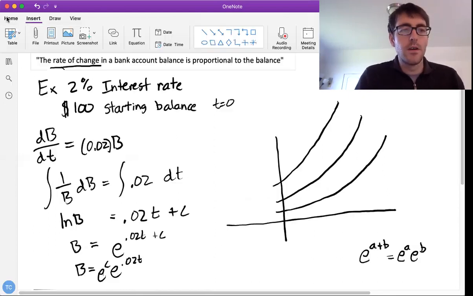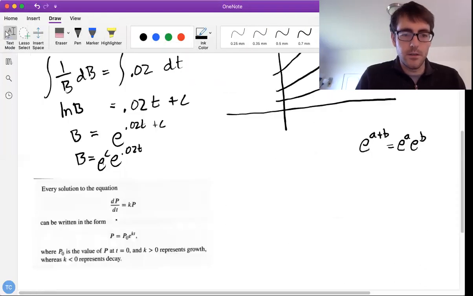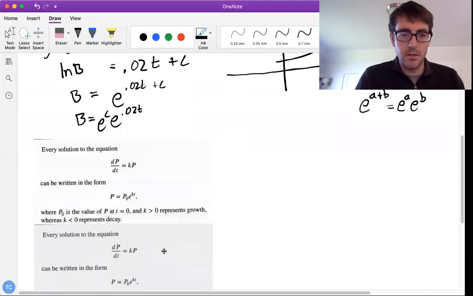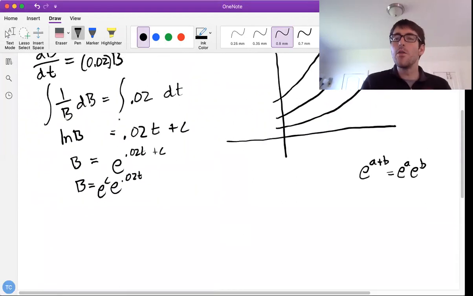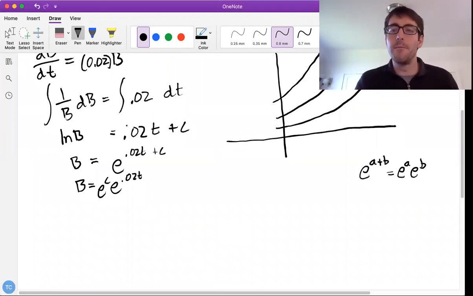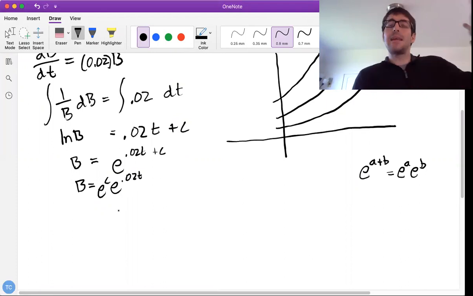And remember, the whole point of the c is that we're saying it could be anything. And by specifying a certain constant, we can specify which solution we're talking about. So e to anything is still anything.